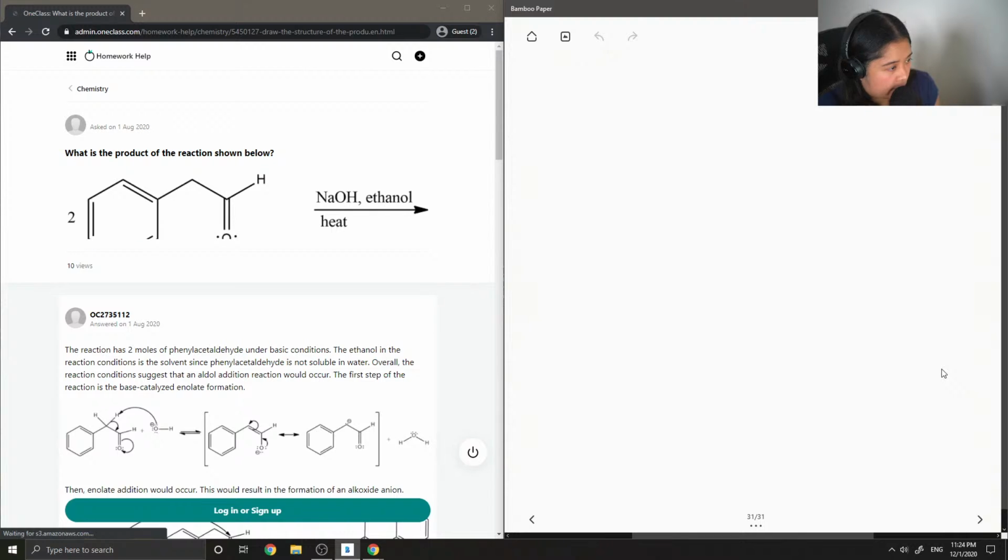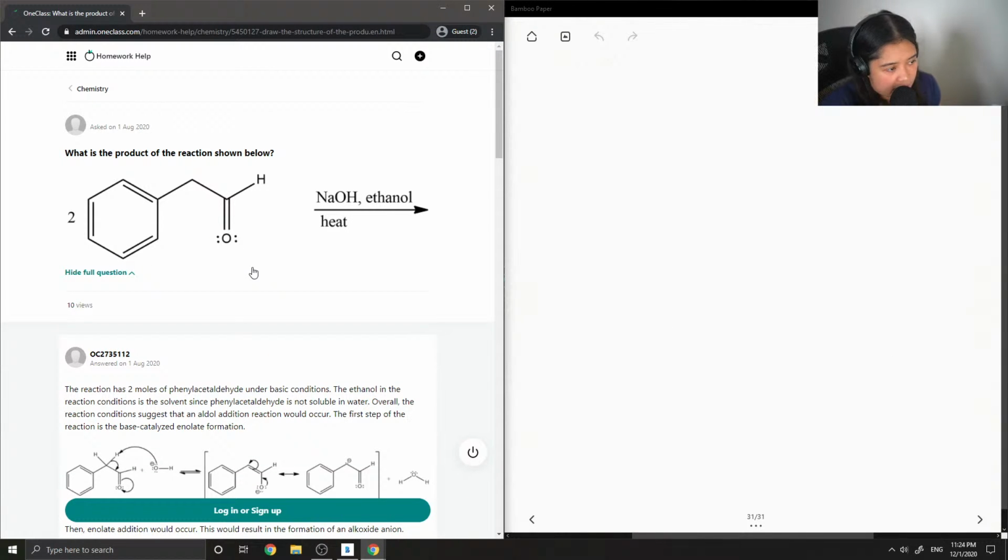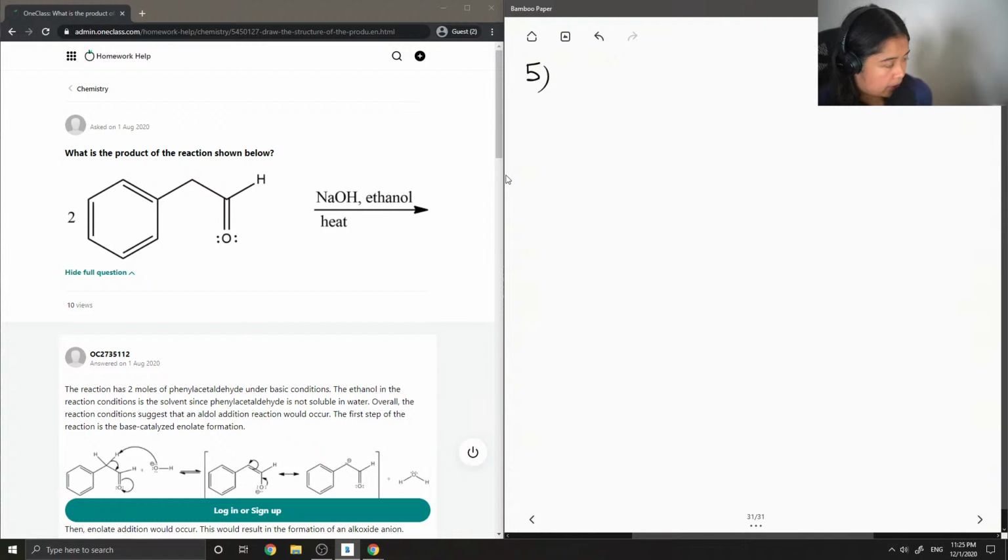On to question 5. What is the product of the reaction shown below? So notice we have an aldehyde, and it reacts under basic conditions with heat.